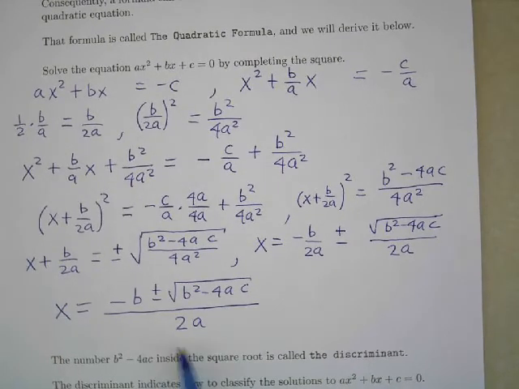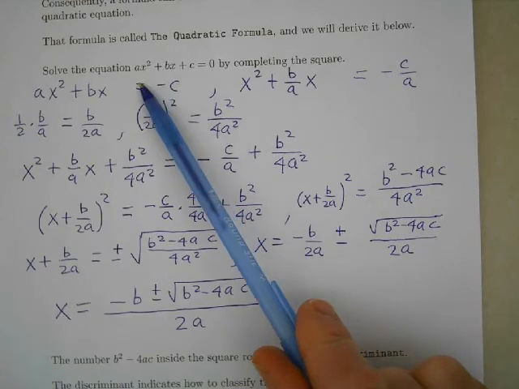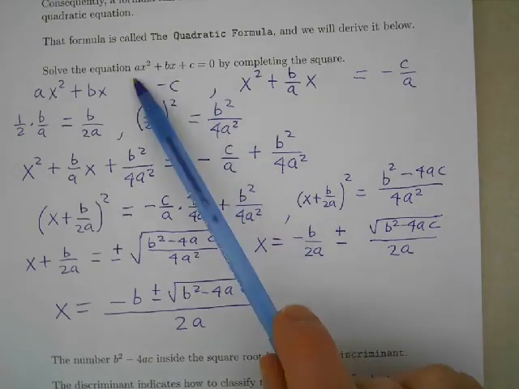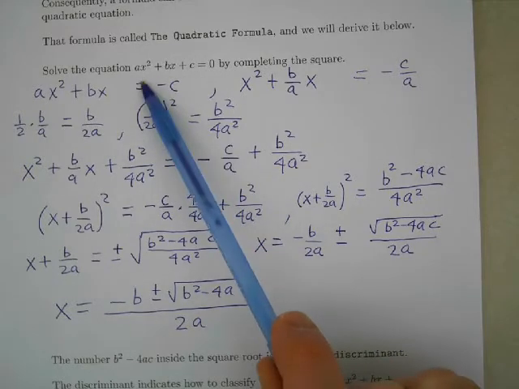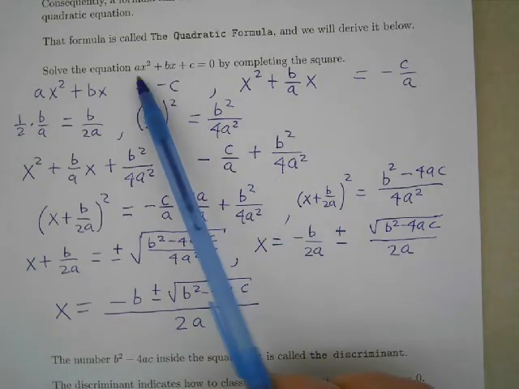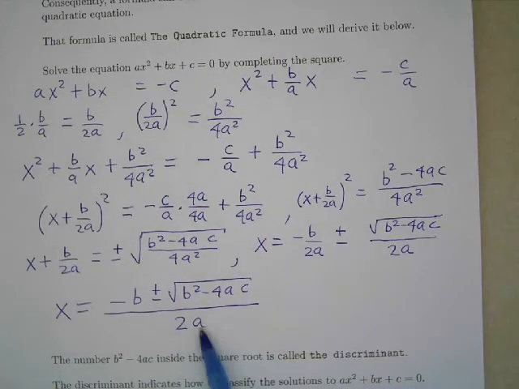We can use this quadratic formula to solve any quadratic equation whatsoever. We just have to make sure that the quadratic equation is in standard form, so it's written in the form ax squared plus bx plus c equals 0. Then we use the numbers a, b, and c in the formula to find the solutions for x.